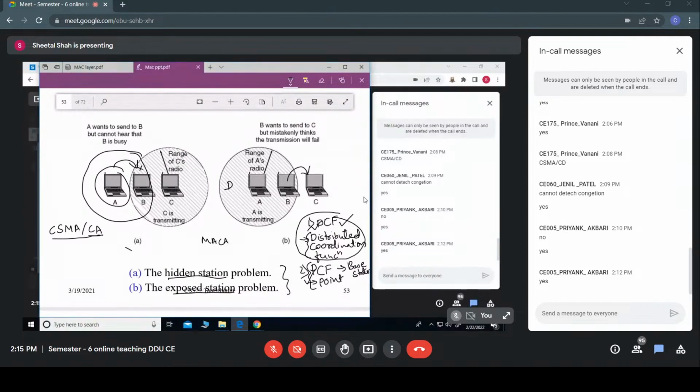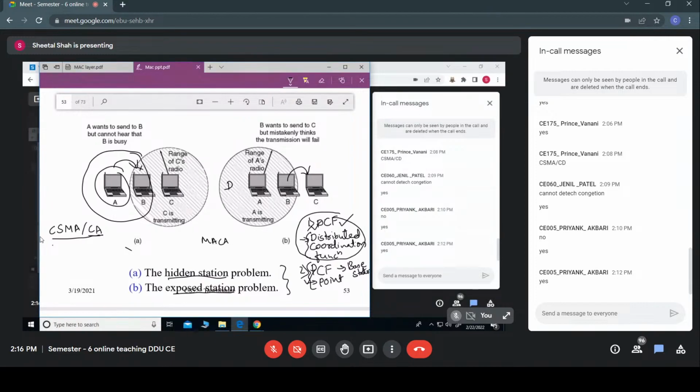If the channel is busy, it has to wait, and if the channel is free, it can start transmitting through that channel. Say suppose a collision has occurred, then it has to wait for a certain random period and try once again. How much time it has to wait depends upon the binary exponential backoff algorithm.